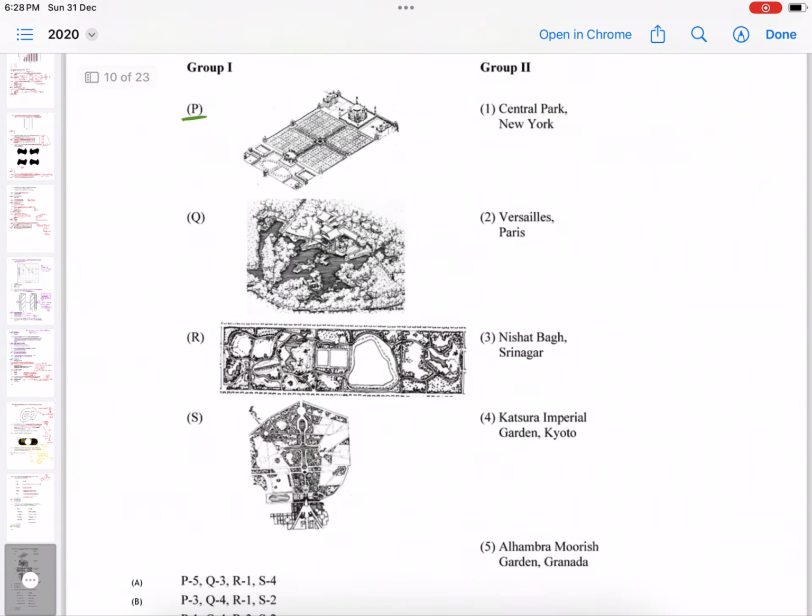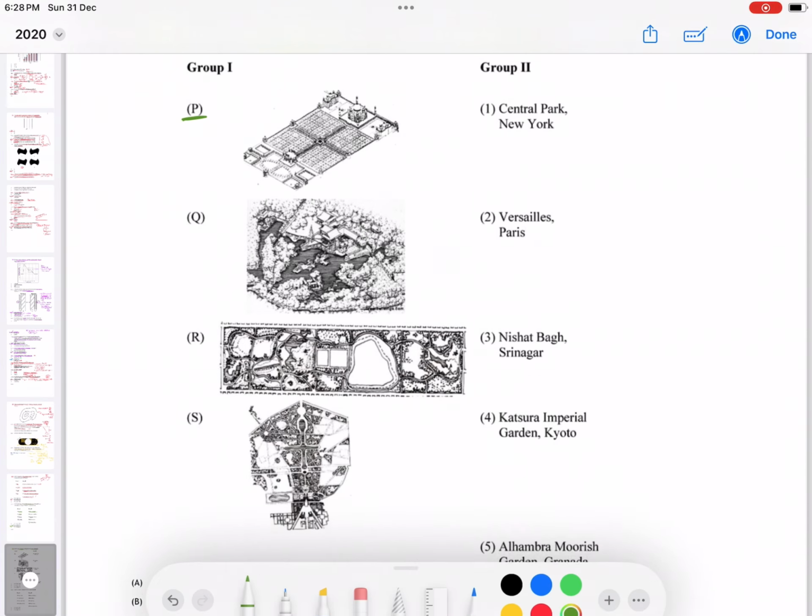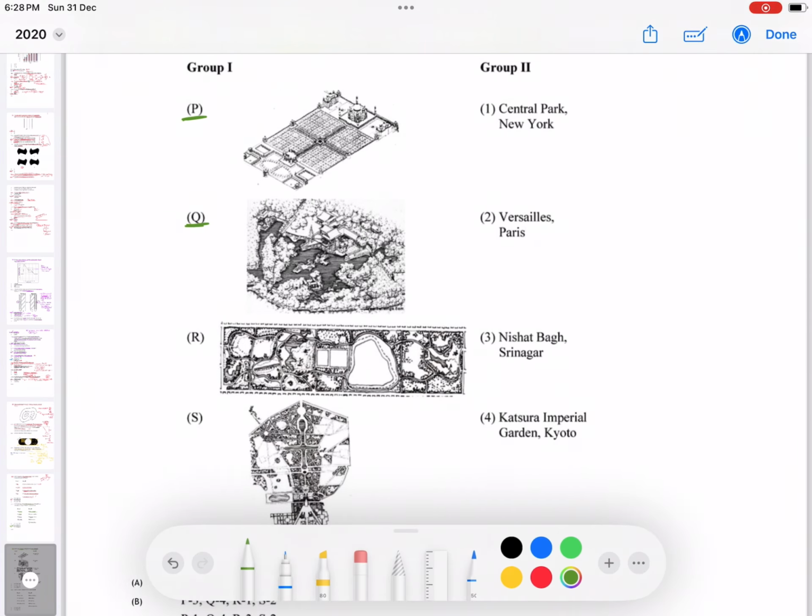This type of garden, Q1, is shown in what? In Japan. So if there is this type of garden, it's Kyoto, Imperial Garden of Kyoto. This garden is a representation of Central Park, New York. So this is 4th and R is 1.